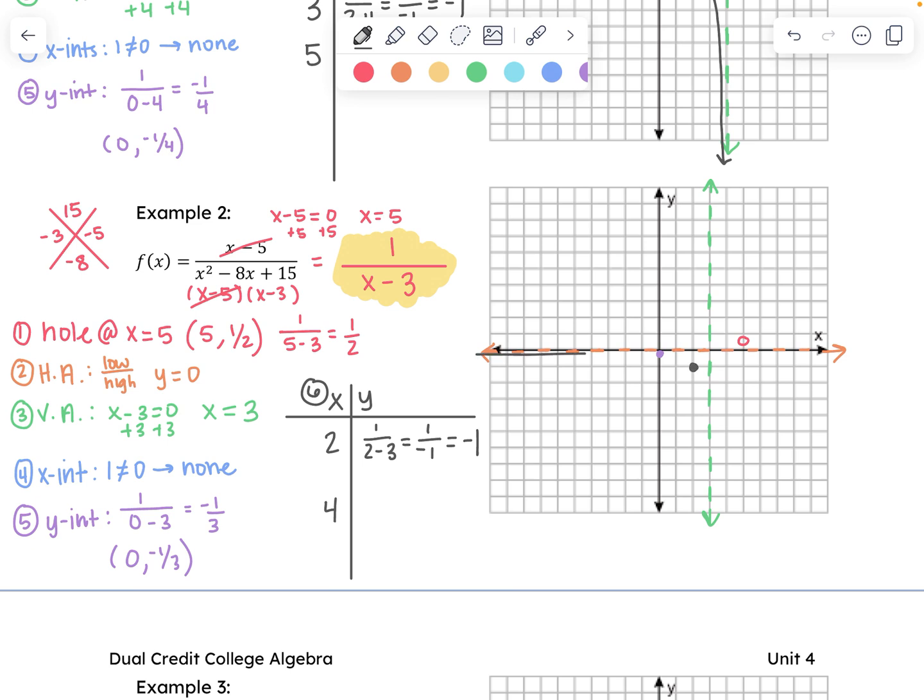So I can come over and down. And when I plug in 4, I'm going to have 1 over 4 minus 3. So 1 over 1, which is 1. This point right here. So I can come down and over. And there's my graph.